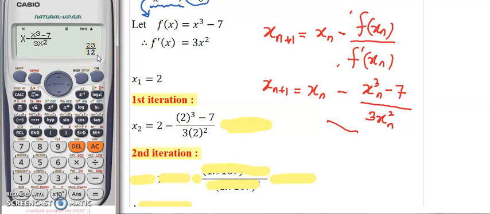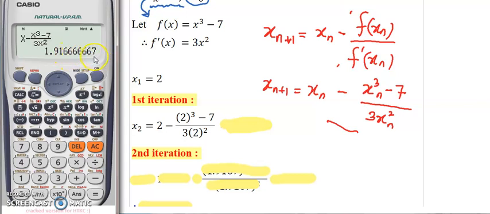And since I want the final answer to be kept to 3 decimal places, let us have our result here to 4 decimal places. According to the result, I have 1.9166666, and so on.